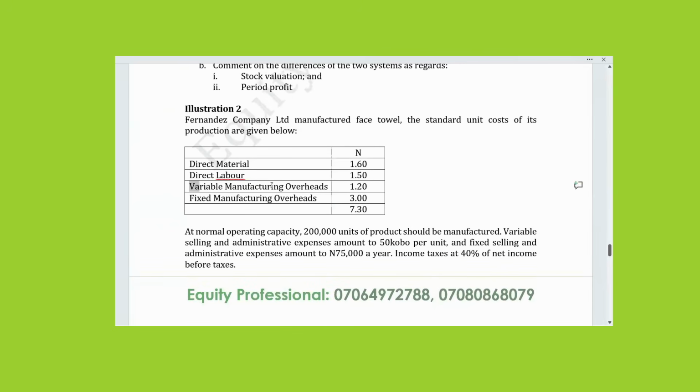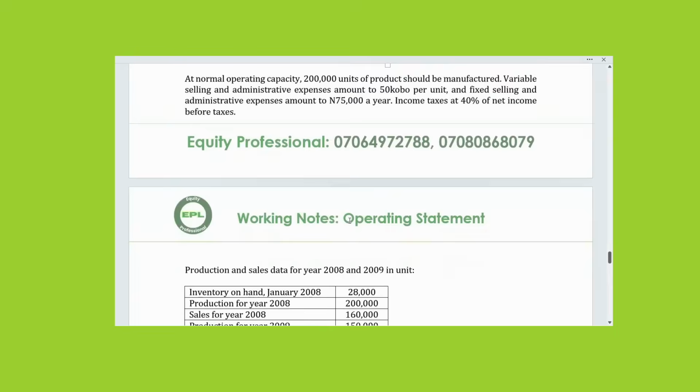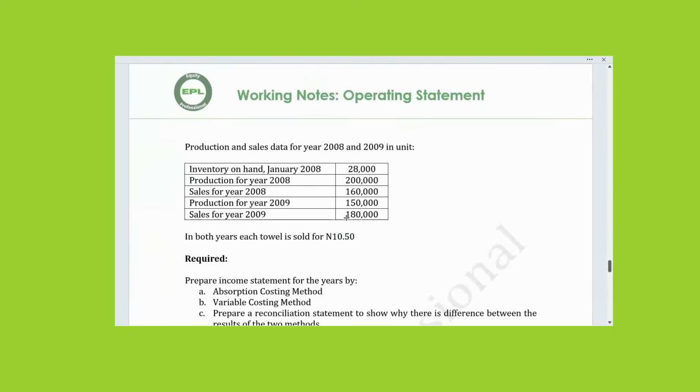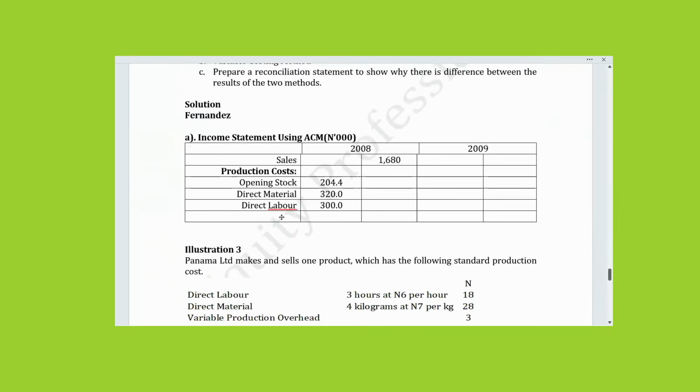In this question, we don't have direct expenses, but we are given variable manufacturing overhead of 1 naira 20 kobo. Therefore, I will come here, variable manufacturing overhead, which is 1 naira 20 kobo multiplied by 200,000. What do you have there?